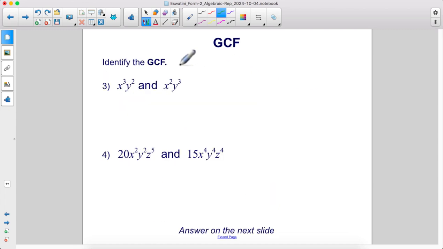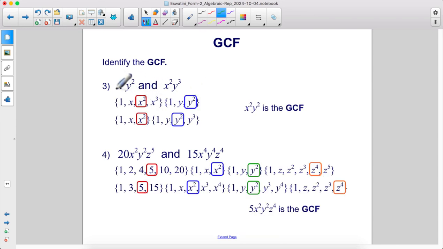Identify the greatest common factor between x cubed y squared and x squared y cubed, and 20x squared y squared z to the 5th, and 15x to the 4th y to the 4th z to the 4th. Okay, so when we have x cubed y squared, to find the factors, it's going to be all the factors of x cubed, multiplied by, or matched with, any of the factors of y squared.